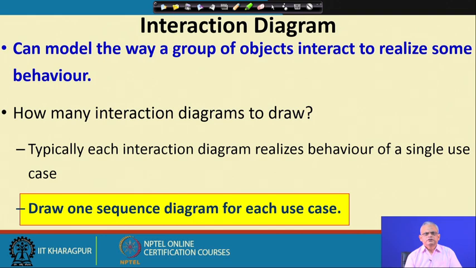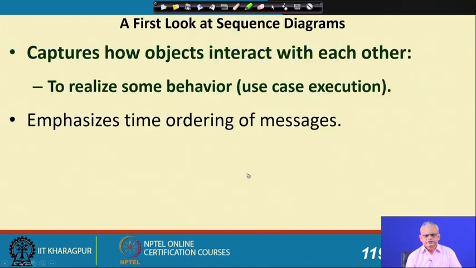And we must remember, it is a very important statement here, that we need to develop one interaction diagram for every use case. We will see that the interaction diagrams are either a sequence diagram or a collaboration diagram, and we need to draw one sequence diagram for each use case.